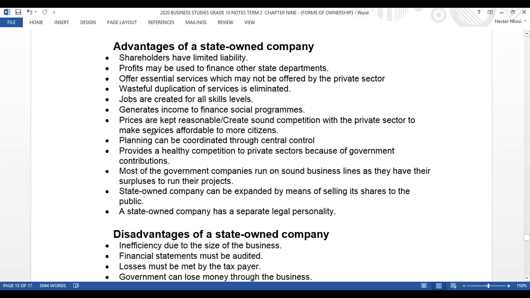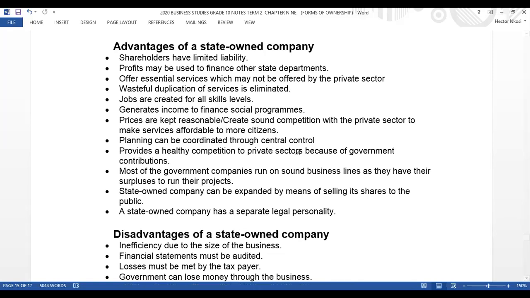Right. Also, we need to look at prices being kept reasonable. So under a state-owned company, prices are kept reasonable or create sound competition with the private sector, making services affordable to more citizens, basically, right? And another thing you need to look at is that it provides healthy competition to the private sectors through government contributions, right?